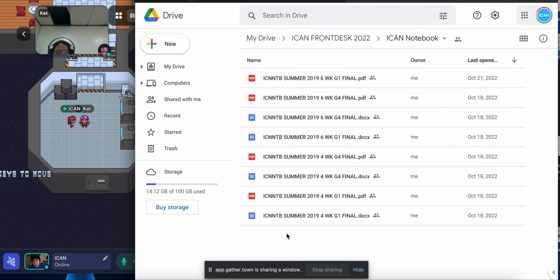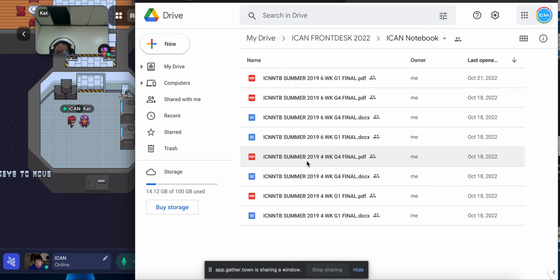their vocabulary. Okay. So, just to show you, there are actually four versions of the ICAN notebook. One is for grade 1 and the other is for grade 4 students.